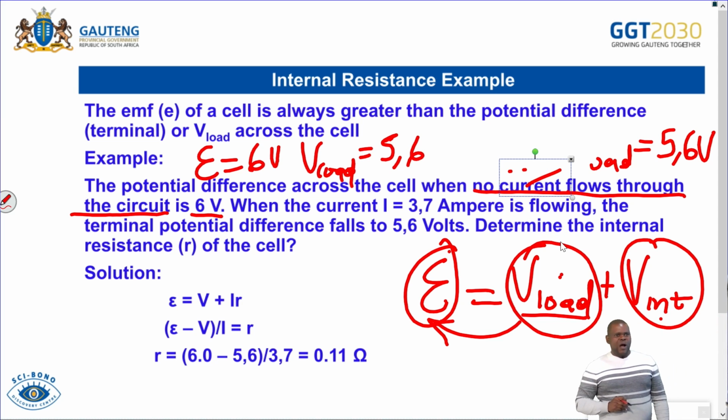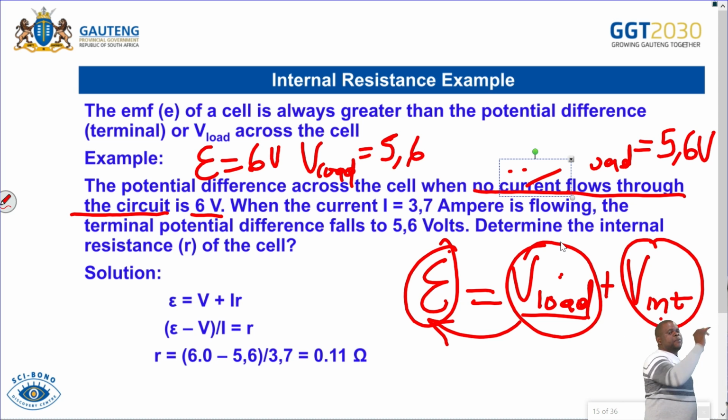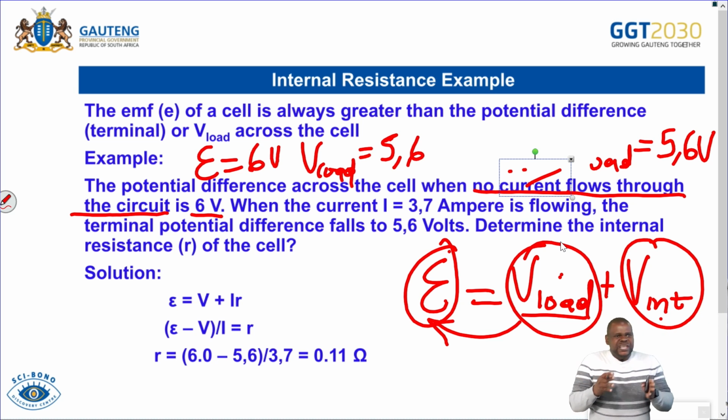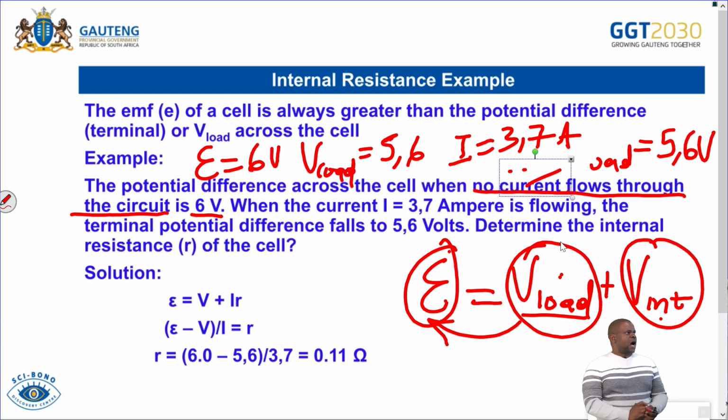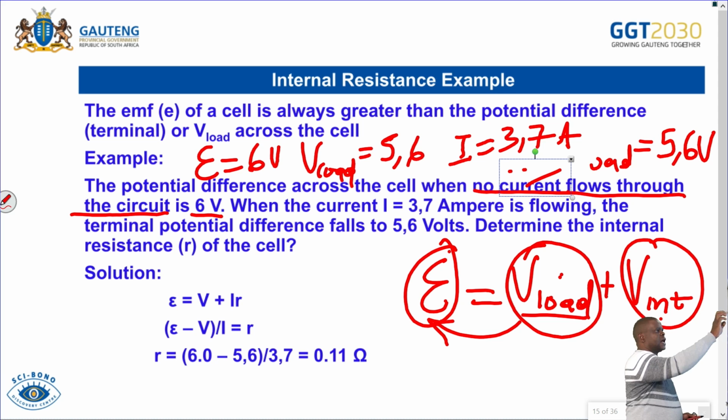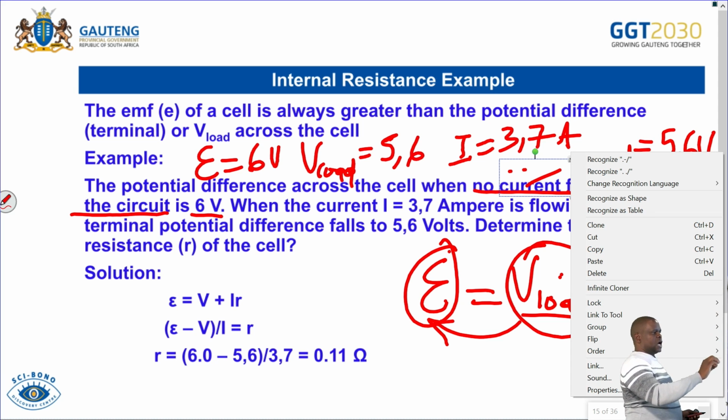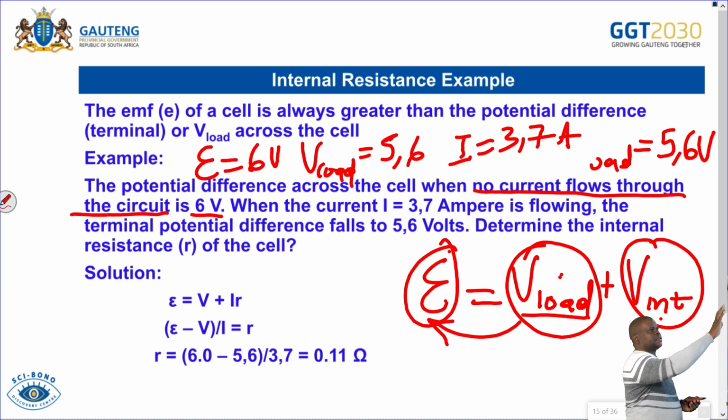And because the switch is now closed, the current must flow, and the current in the circuit is 3.7 amperes. Those are the given data.